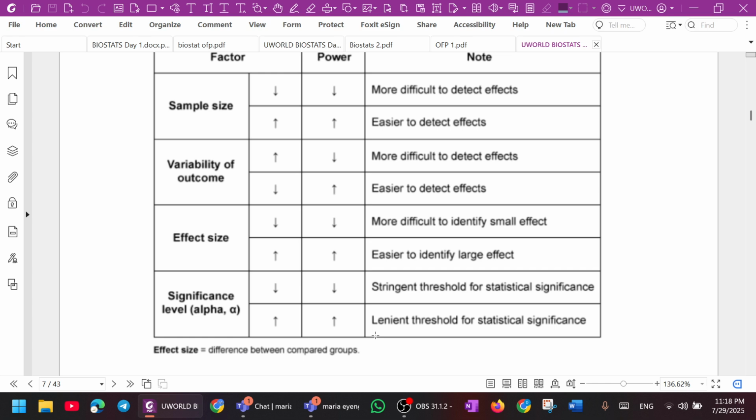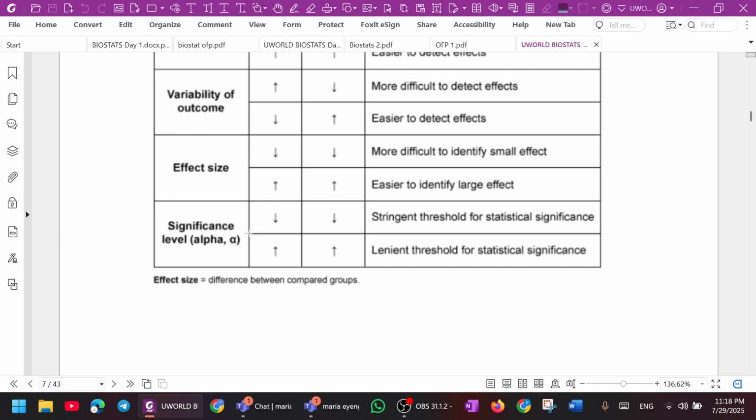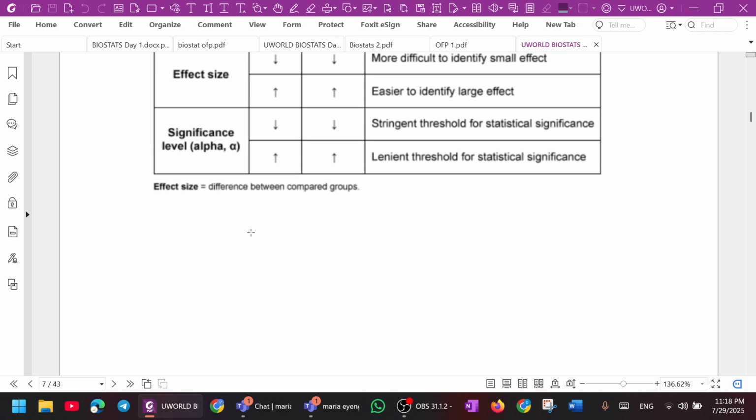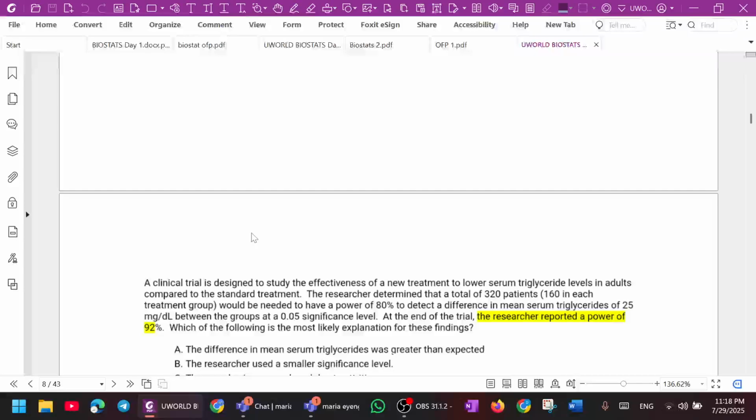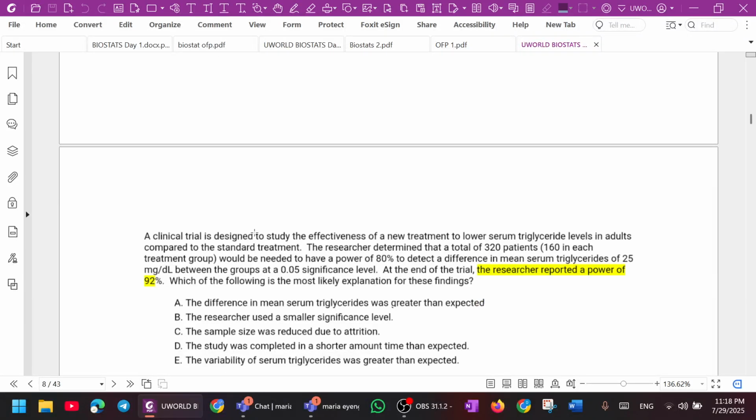Just variability of the outcome is opposite, and sample size, effect size, and significance level go in the same direction as the factor goes. You want to add something? No, you got it. Good.